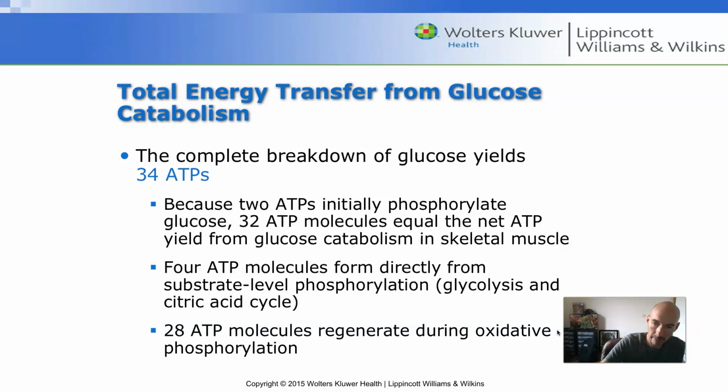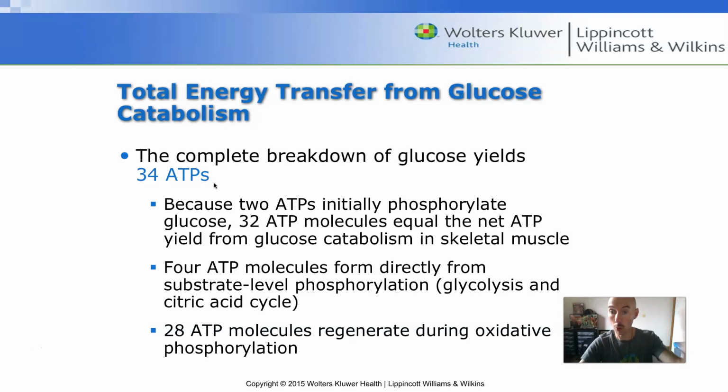So what we're looking at from one glucose molecule that goes through both glycolysis and oxidative phosphorylation is a net gain of 32 ATP. Okay, we get 34, but we have to spend 2, so we're looking at 32 total. Now that would occur if oxygen is available.